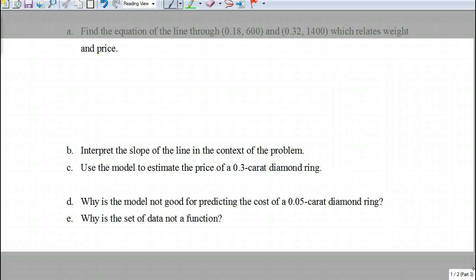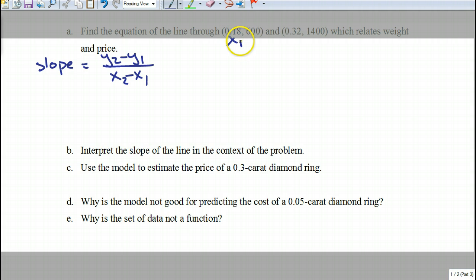So we need to recall how to find slope. Slope is found by taking y2 minus y1 over x2 minus x1. Through these points above, we see that we have 2 points. I'm going to call them x1, y1, x2, and y2. Okay?